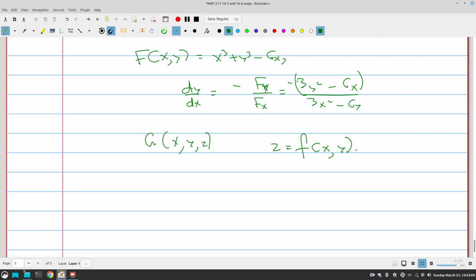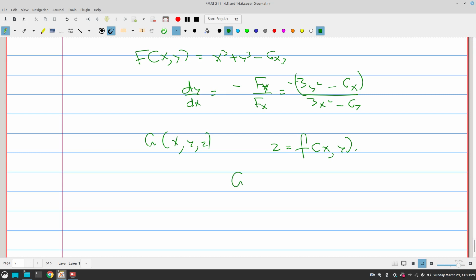In that case, using the chain rule, dg over dx. Okay, so let's draw a diagram first before we find the partial derivatives. So you have g.